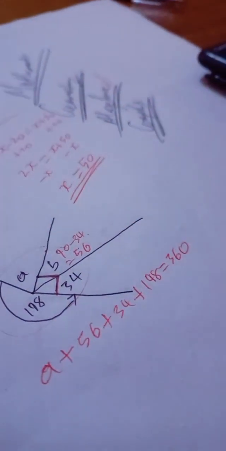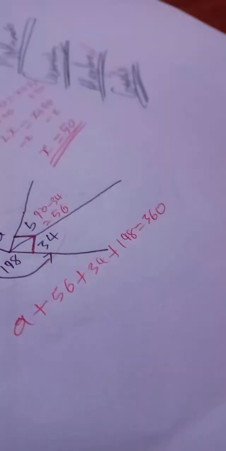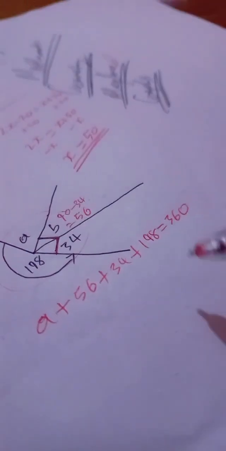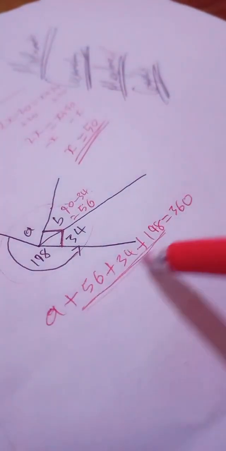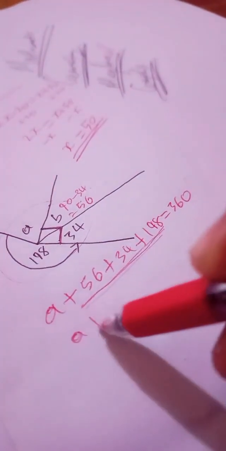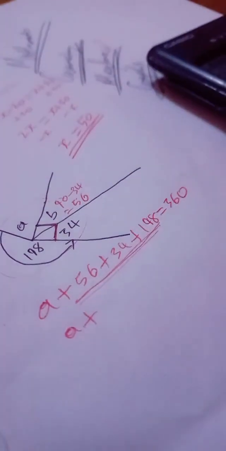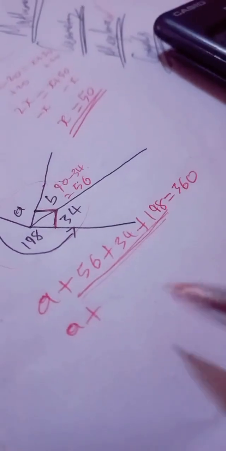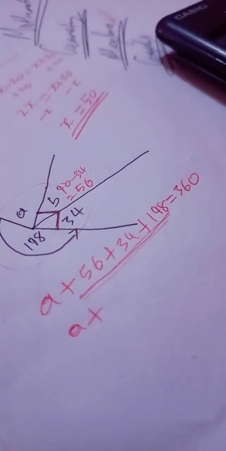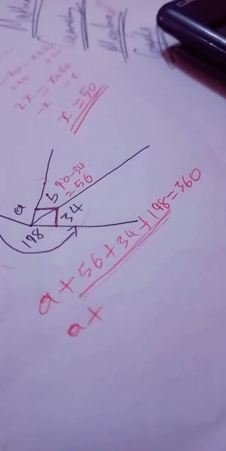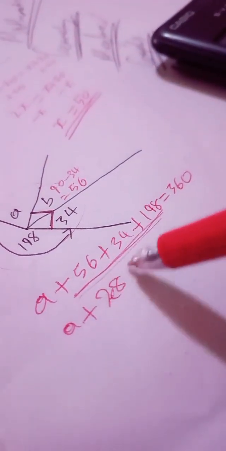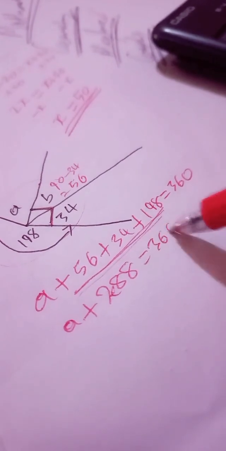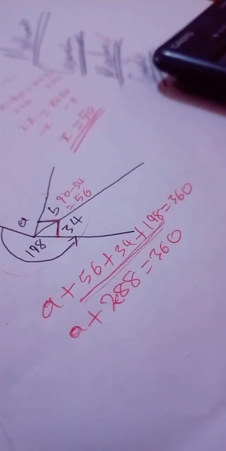Now, what are we going to do here? These are like terms. Let's add these together. It's going to be A plus 56 plus 34 plus 198, giving us 288, is equal to 360.